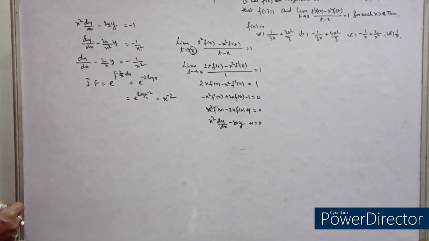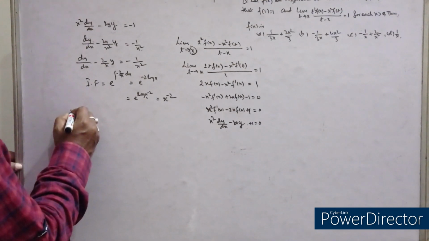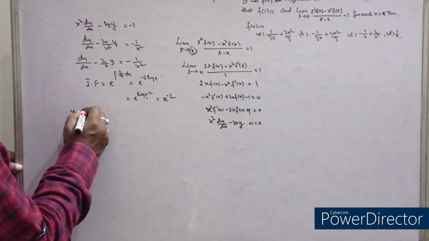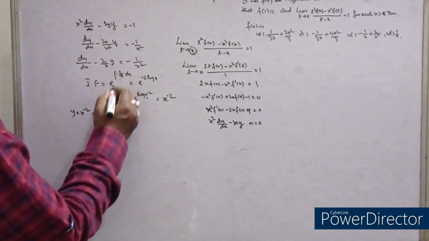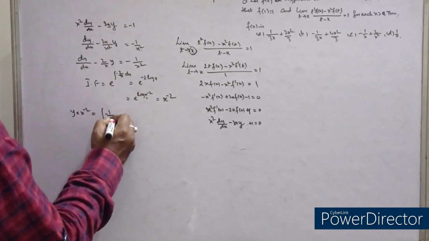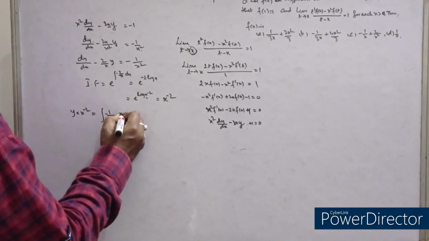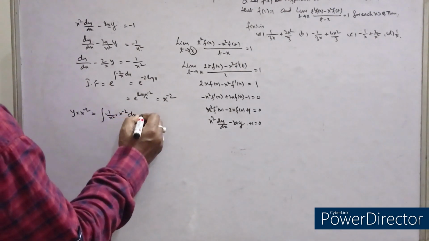Your integration factor is x to the power of minus 2, so y into integration factor is equal to integral of q, that is 1 by x square, and x to the power of minus 2 dx plus c.